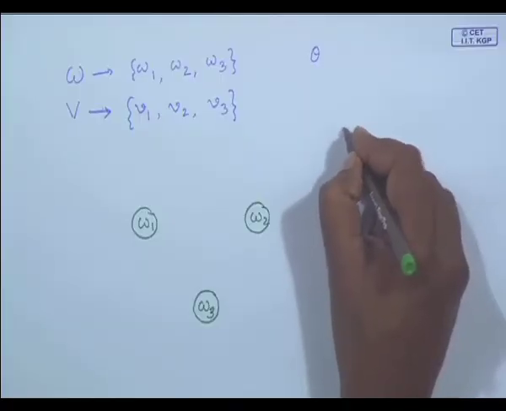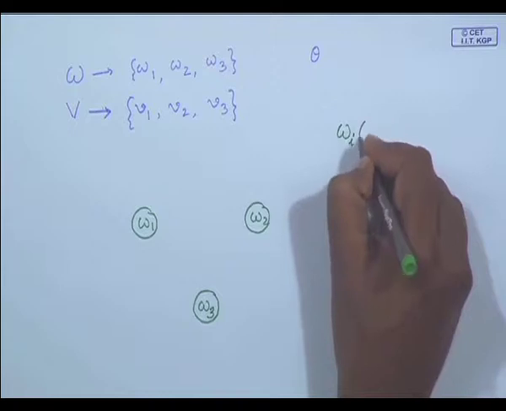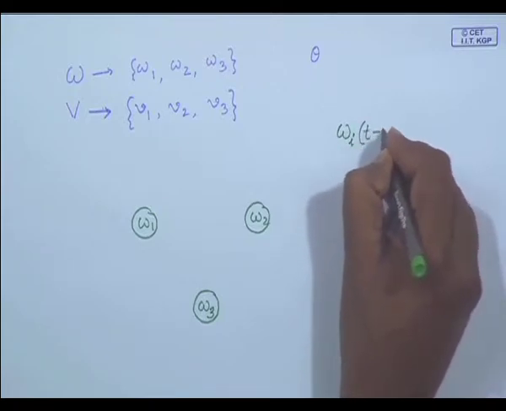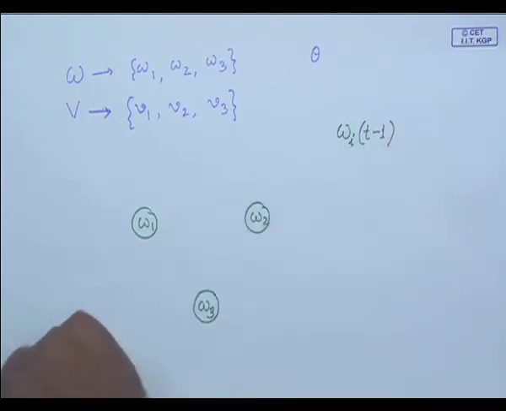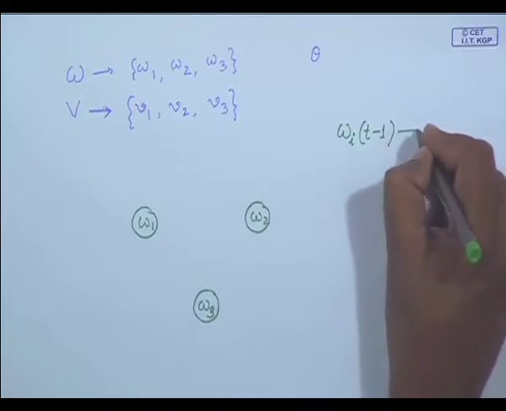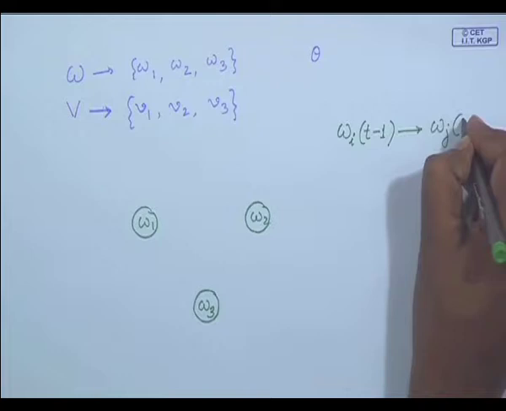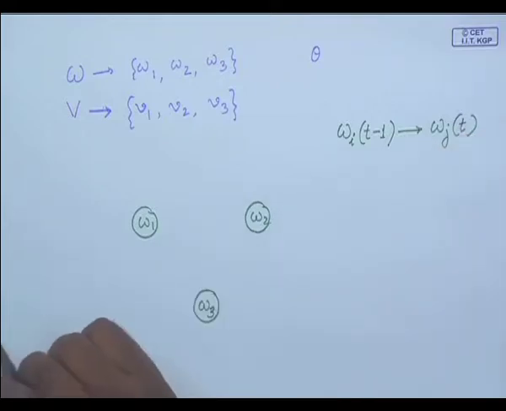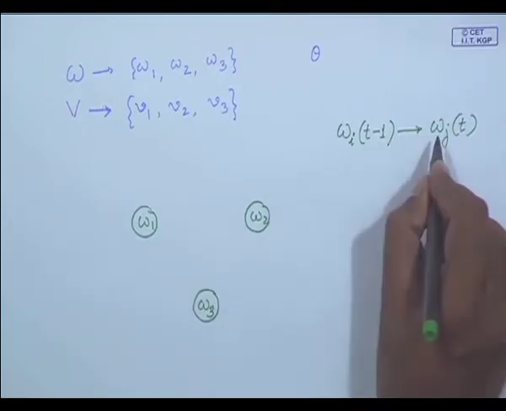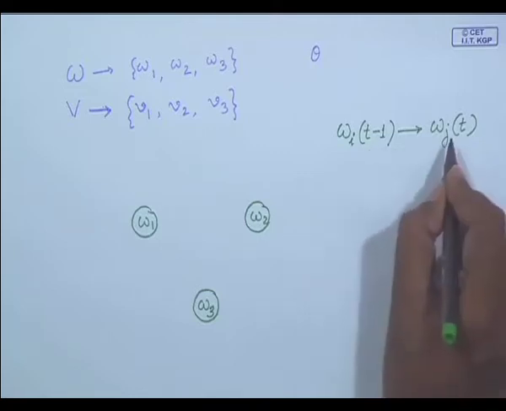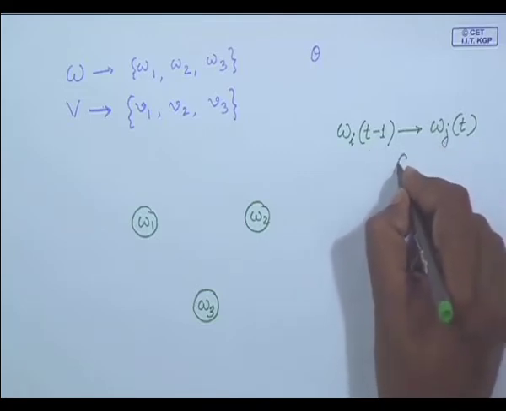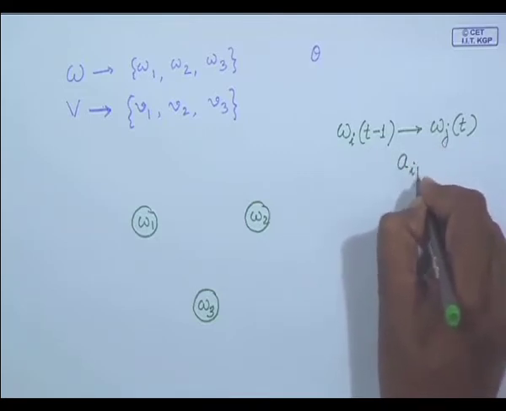As we said, if the hidden Markov model is in state omega i at time instant t minus 1, and it makes a transition to state omega j at time instant t, the probability of such a transition from state omega i to state omega j is denoted by Aij.